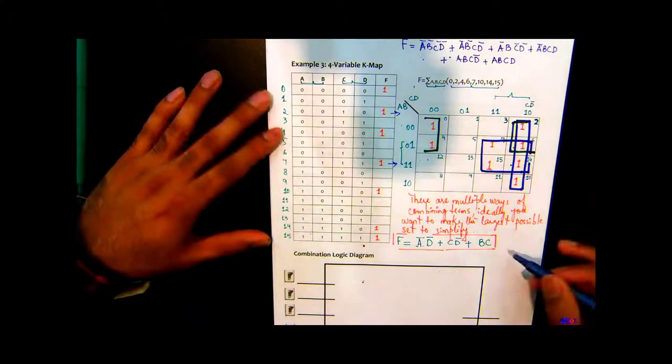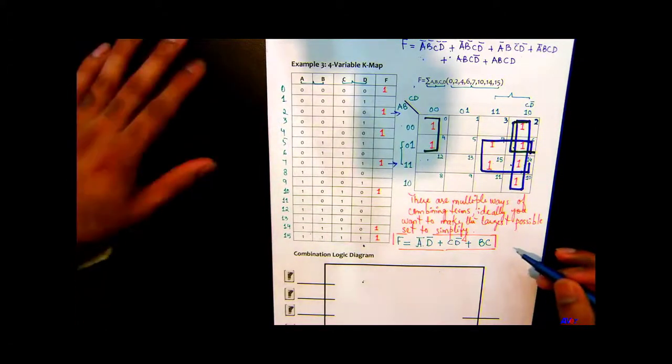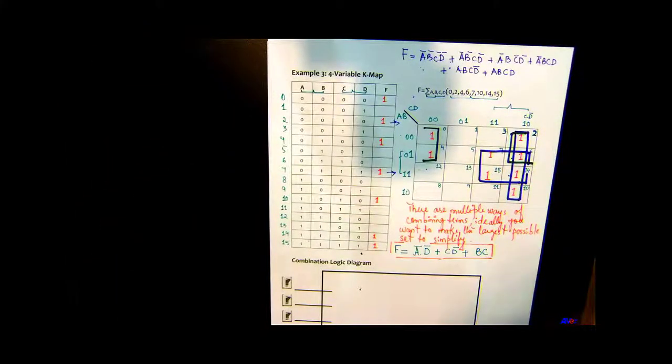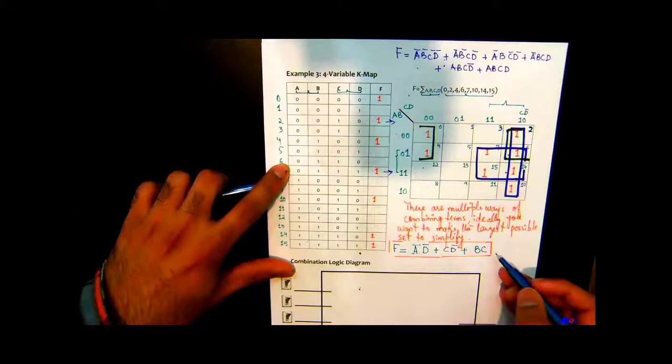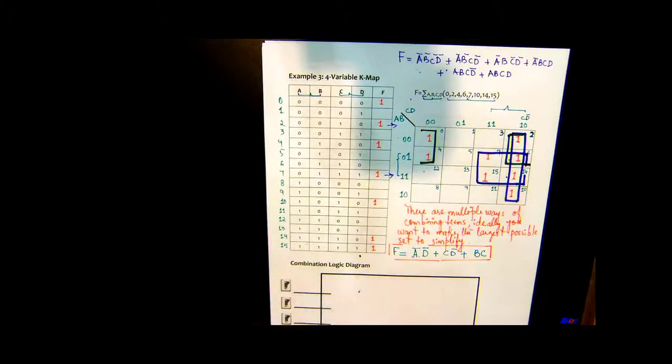So this is a lot simpler, right? This is the whole point of doing the kmap, getting from here to here without compromising on the functionality.